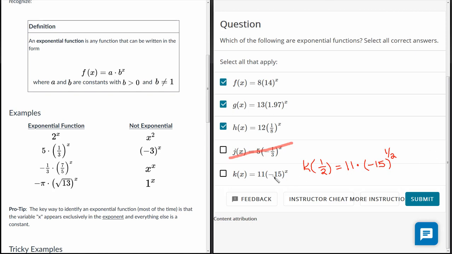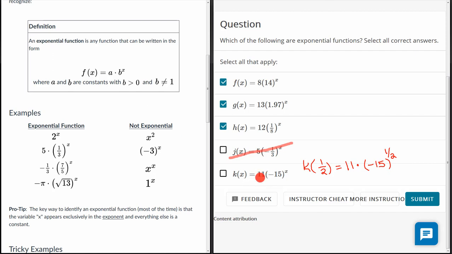This is a perfectly good function, sort of. If someone walks up to you on the street and says, give me a function, and you tell them this, you've answered their question. The issue is this is not an exponential function.